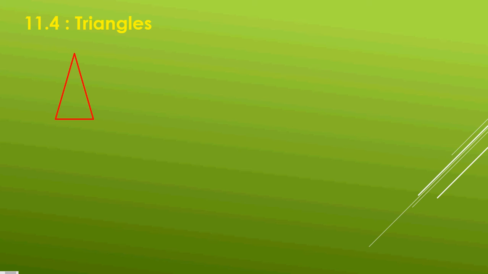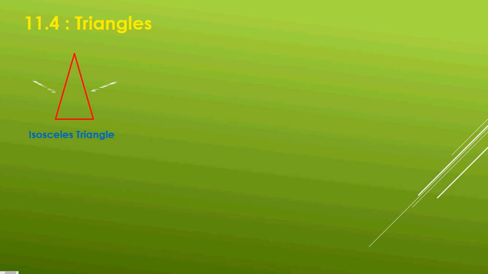The name of this triangle is isosceles triangle. Why does this triangle have this name? Okay, because two sides of the triangle have the same measure. Okay? They have the same measure.